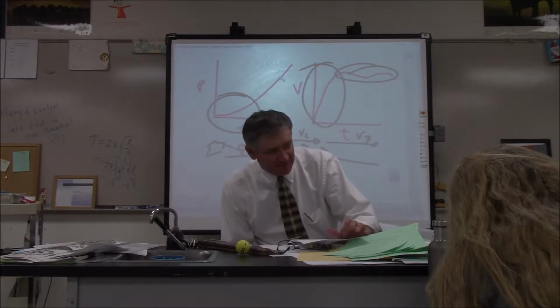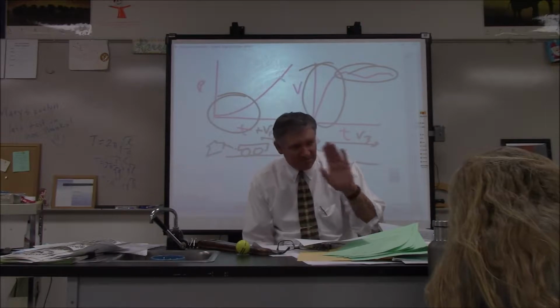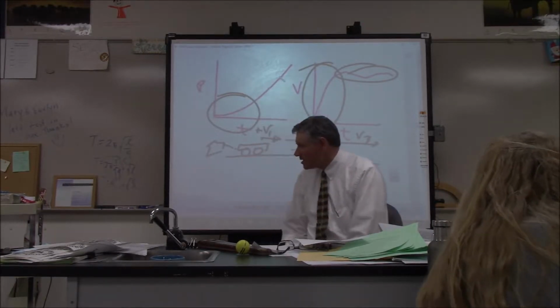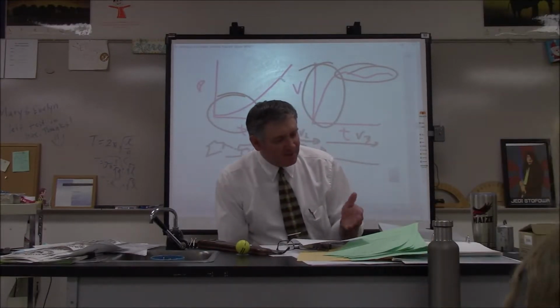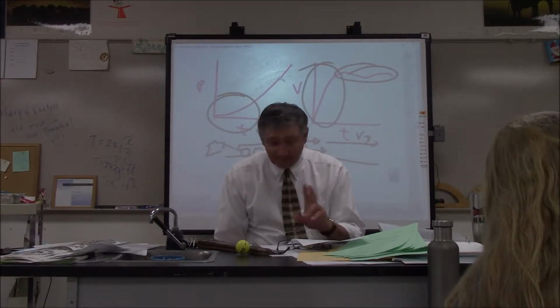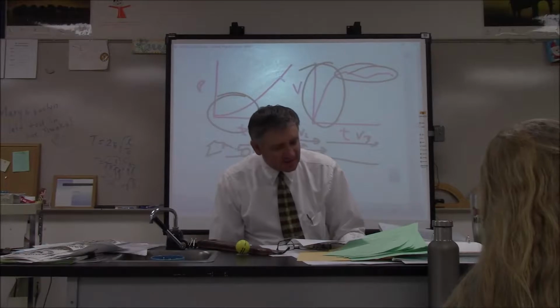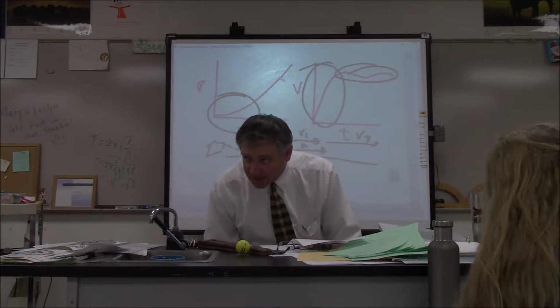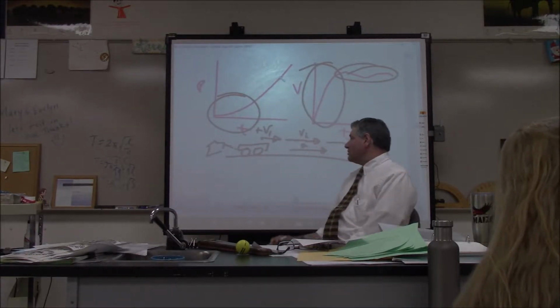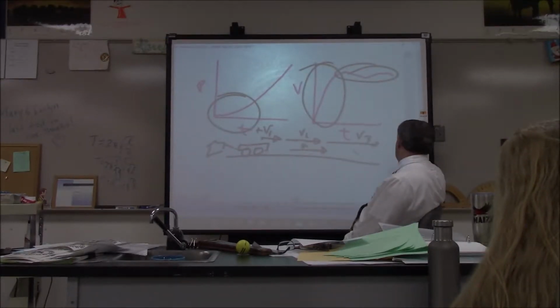Let's talk about number 8. I want to make sure everybody is cool with number 8. On number 8, I say, if the slope of a velocity time graph changes sign, does that mean that the cart has changed directions? And then explain. Let me draw that again.